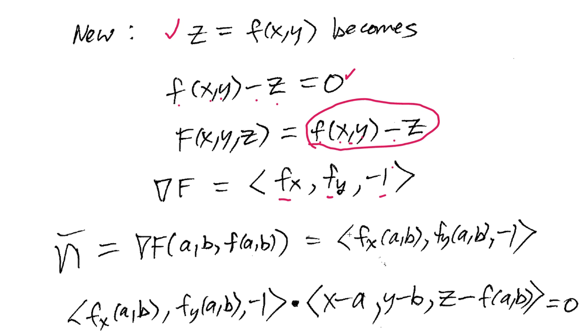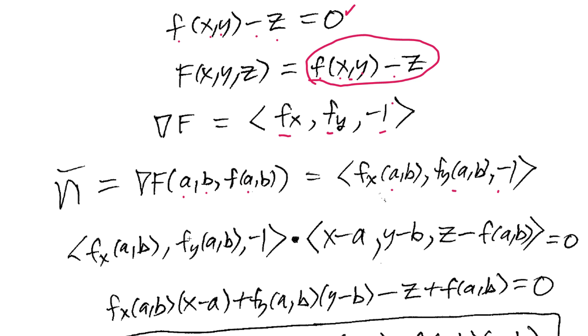So my normal to my surface would be the gradient of cap F evaluated at (a, b) and the function evaluated at (a, b), that's the z value, right? I would dot this normal with (x minus a, y minus b, z minus my function evaluated at (a, b)).